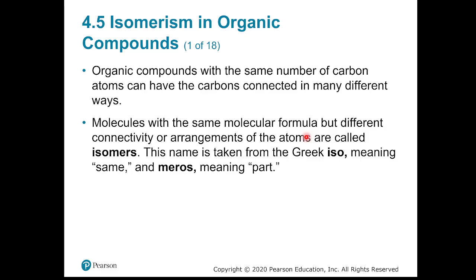So for this one right here, we're going to number to give us the lowest possible number. That would be 1 there, this one would be 2, 3, 4, 5. That will give us our locant numbers, our locators. And so what we're going to do then is give the addresses where we can find each of these chlorines.